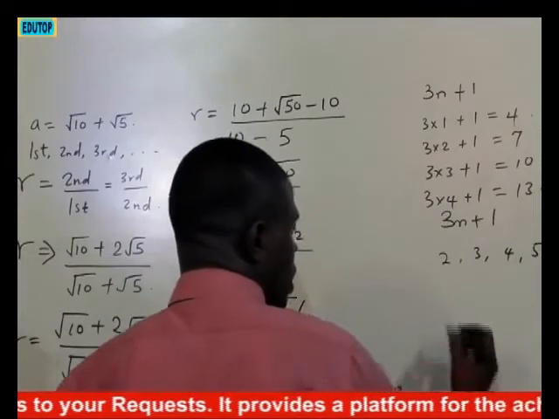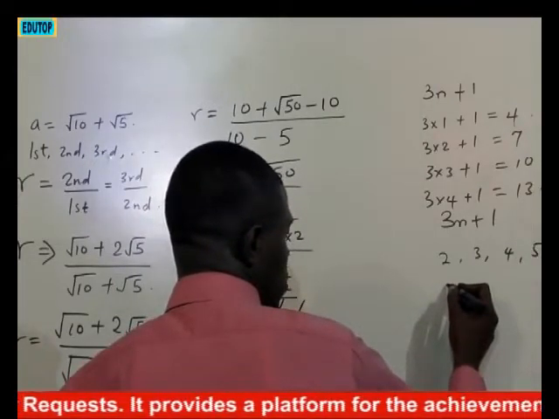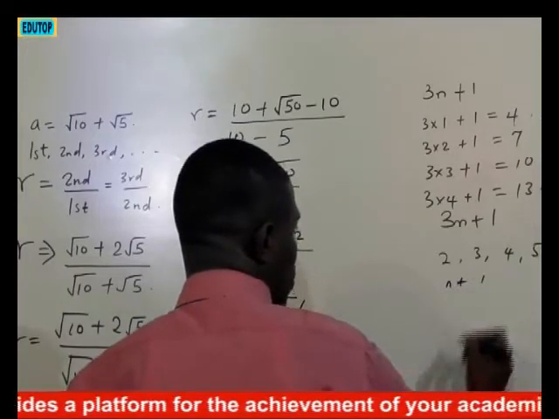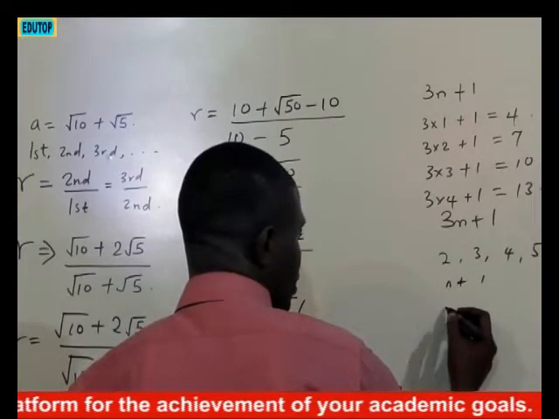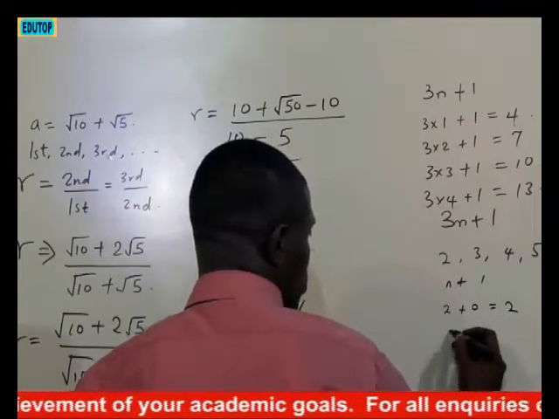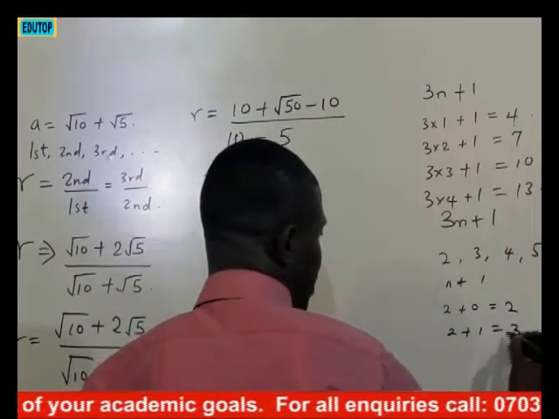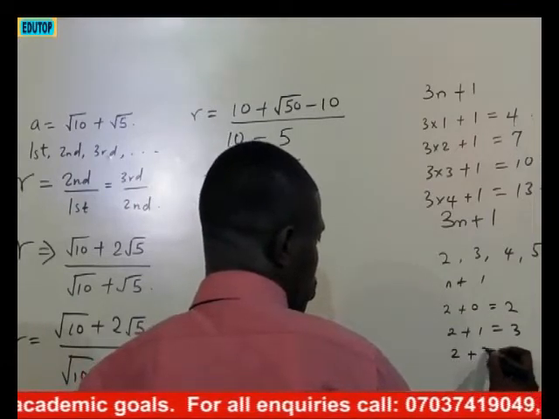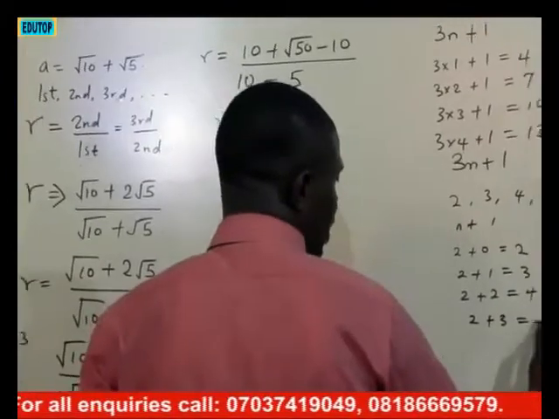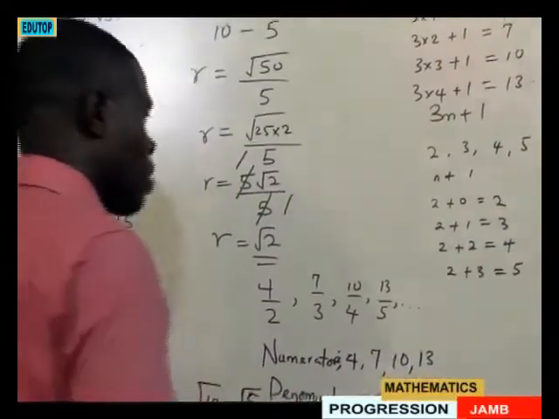If I say n plus 1, what am I saying? I'm saying 2 plus 0, that's 2. 2 plus 1, that is 3. 2 plus 2, that is 4. 2 plus 3, that is 5. You can see what I'm talking about.